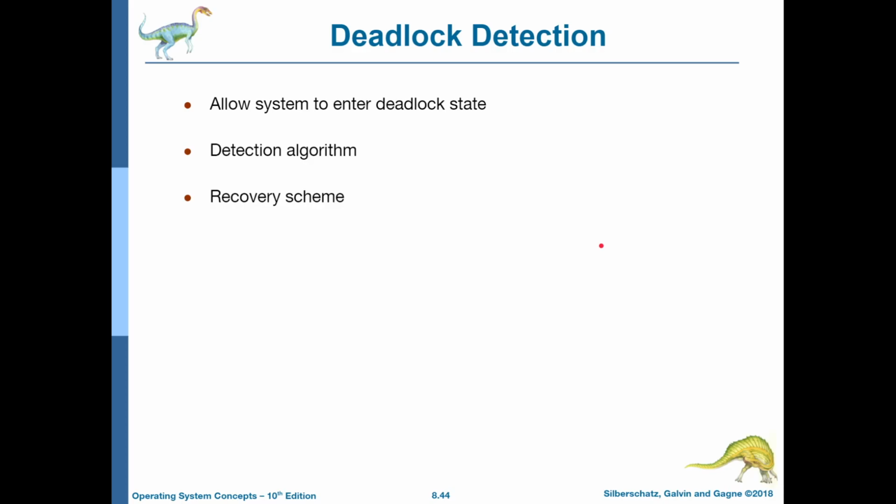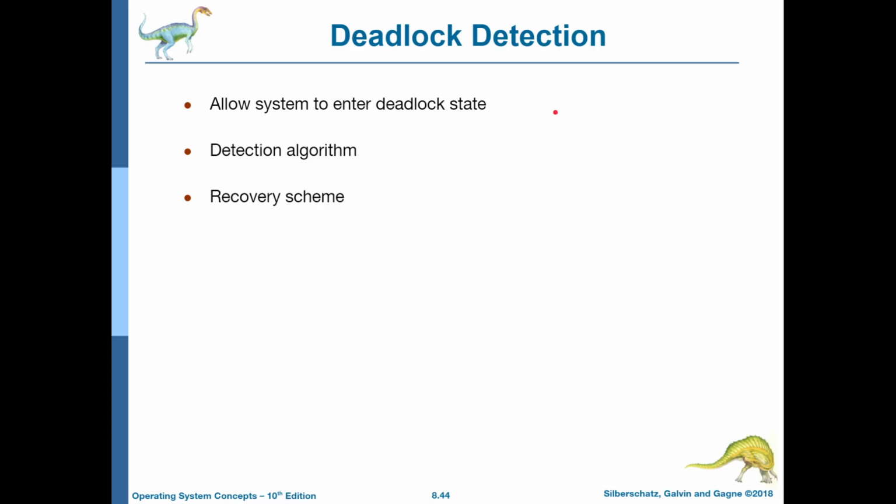Deadlock detection is not like prevention or avoidance. Prevention looks ahead to see if there's anything that can be done to eliminate the deadlock, and avoidance is done during the actual running of the requests, checking to make sure the system remains in a safe state.